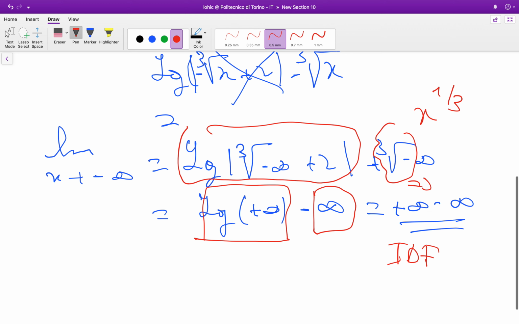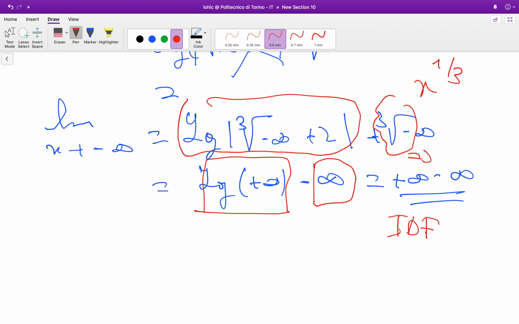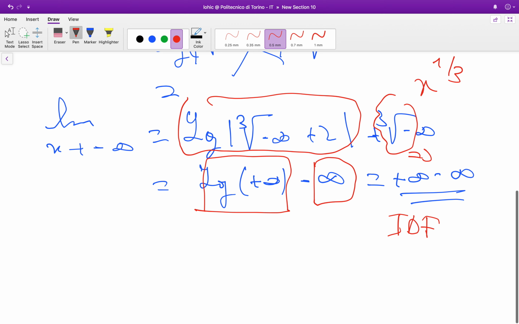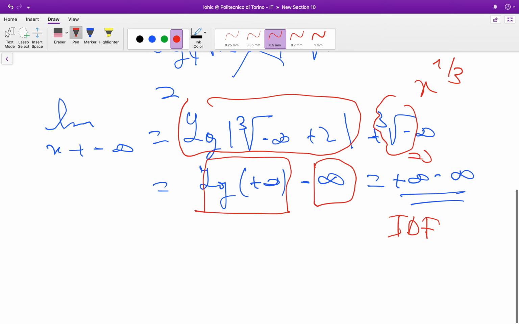powerful than this one. Remember that the logarithmic infinities are always the weakest ones. They are very slow. Logarithmic infinity are very slow.